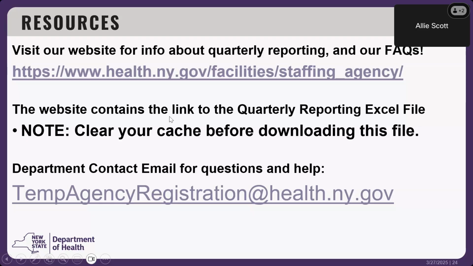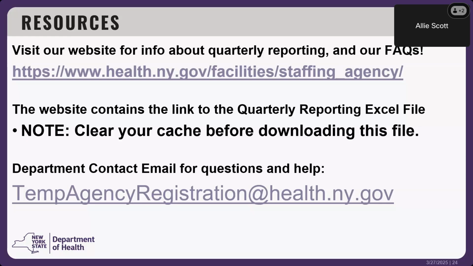And then I'll leave you with one final tip. Our website does contain the link to the quarterly reporting Excel file. If you are having trouble downloading this file, I suggest that you speak to someone from your IT department so that they can assist you with that. If you don't have an IT department or someone who can help you, one suggestion I have is to try clearing out the cache in your browser before downloading this file.